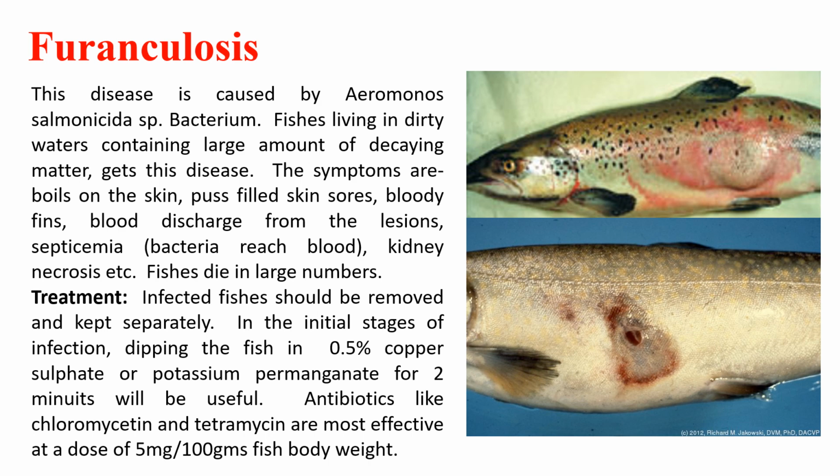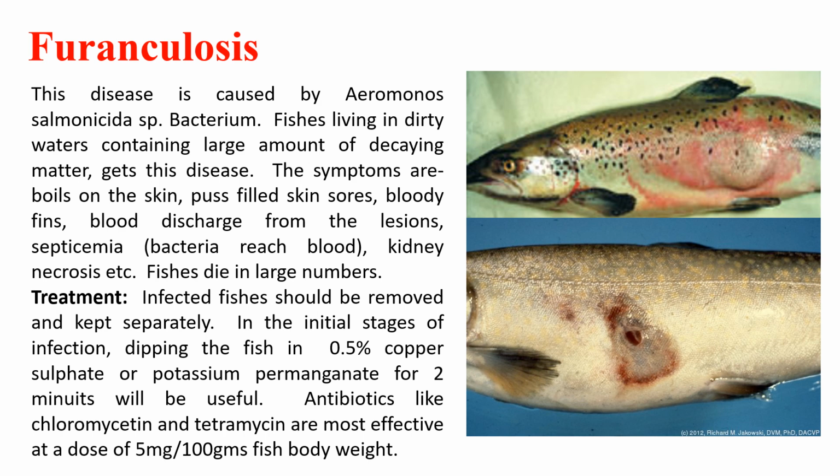Infected fishes should be removed and kept separately in the initial stages of the infection. Dipping the fish in 0.5% copper sulfate or potassium permanganate for 2 minutes will be useful.